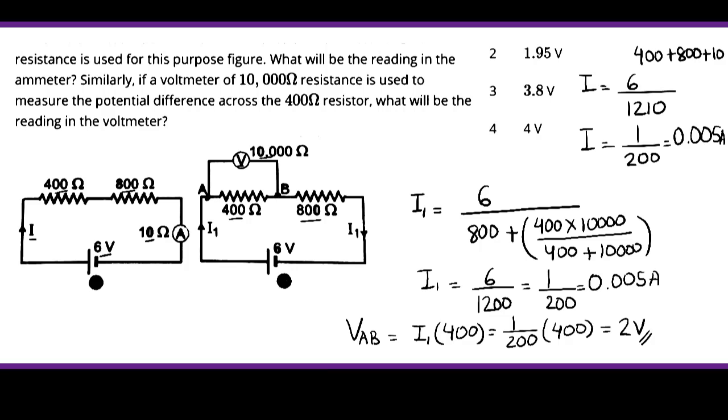But this is the approximate reading, since in the denominator the resistance value will be greater than 1200, so its exact value on calculation comes to be 1.95 volt. So option number 2, that is 1.95 volt, will be our answer. Option number 2 is the answer.